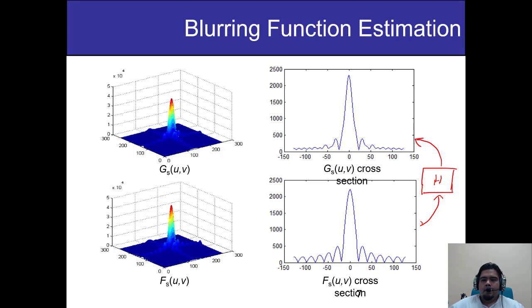So the author concludes that H over here can be estimated as some sort of low pass filter, because as you can see here, it will stop the frequency components which are higher than 10.